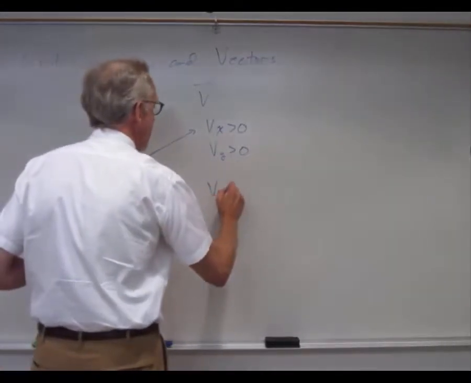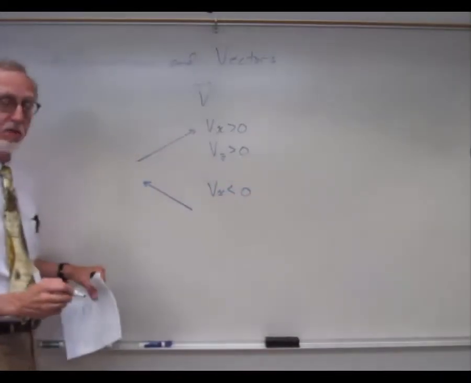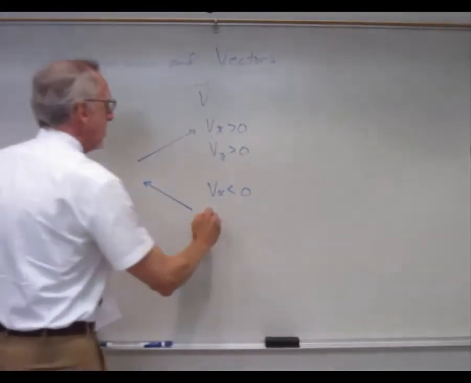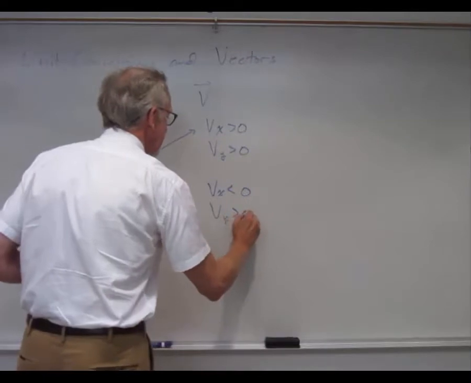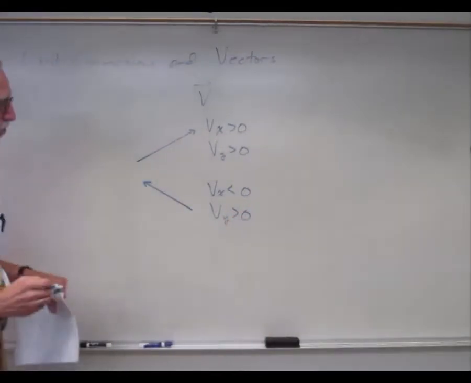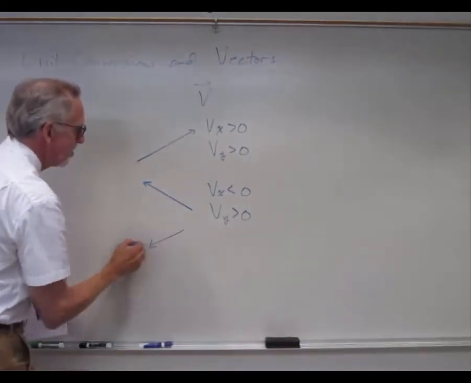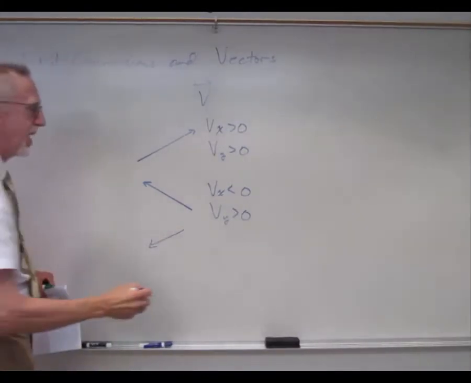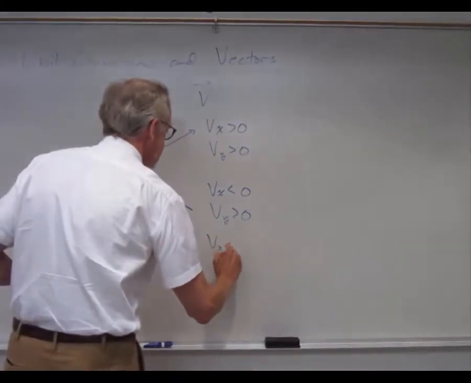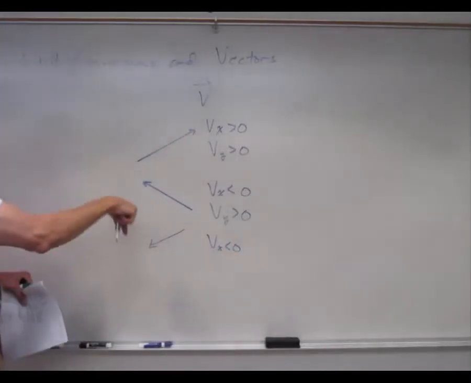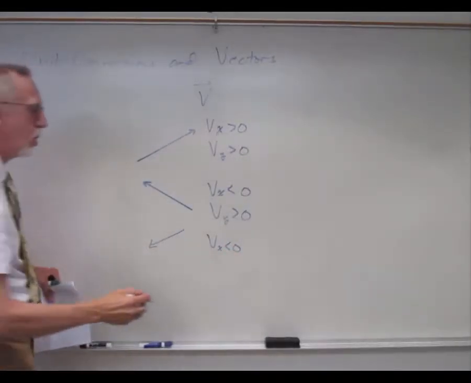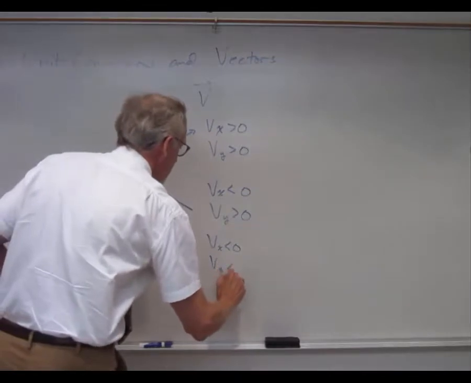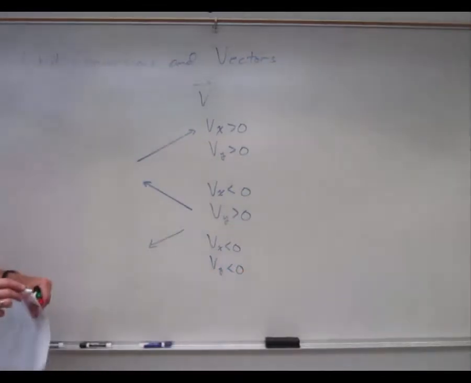So in this case, the x component would be negative. But again, pointing upward means our y component is positive. Pointing down and to the left, well, pointing to the left means negative x component. So Vx is negative. But pointing down means negative y component. So in this case, Vy will also be negative.